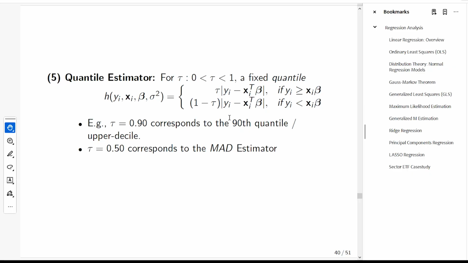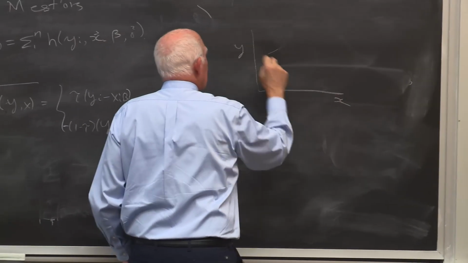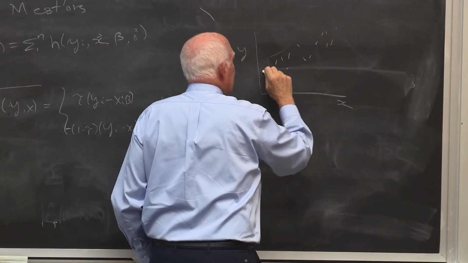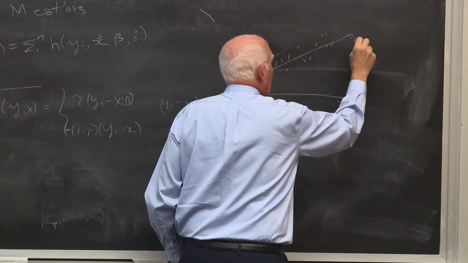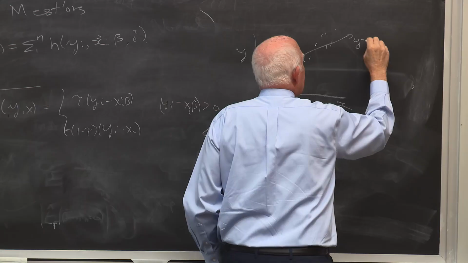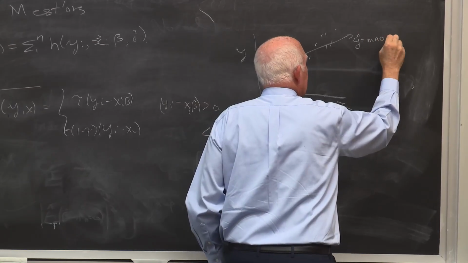So when we have a regression model, if we have a bunch of points and we consider a linear regression model, this would be y hat equal to the mean absolute deviation estimate.